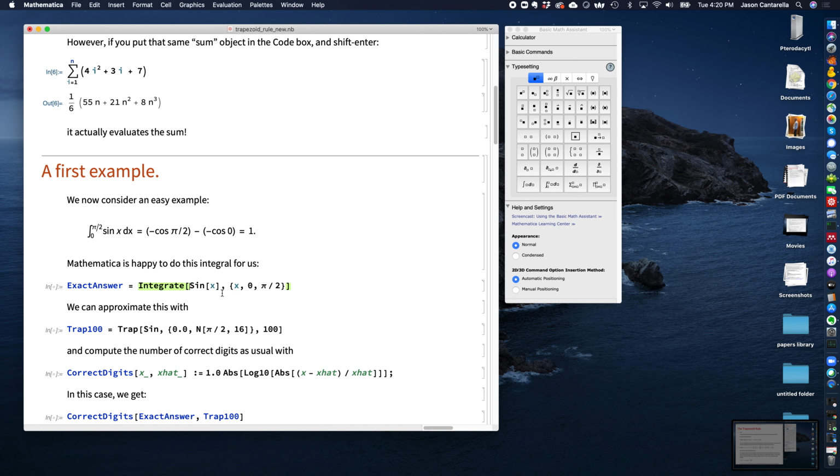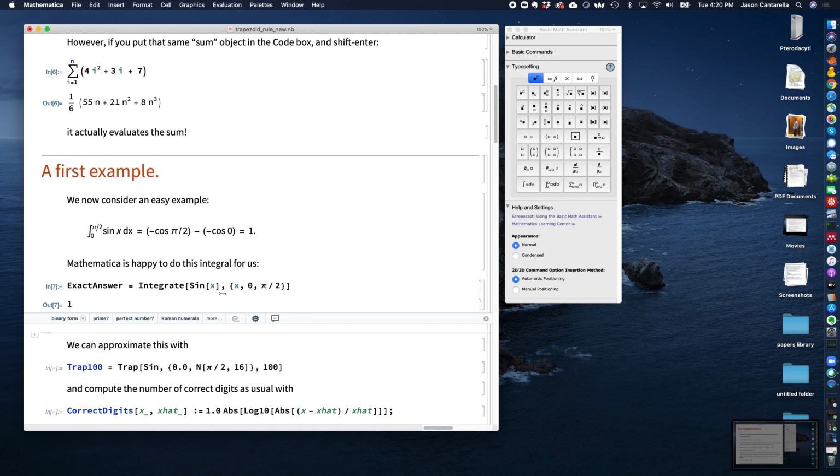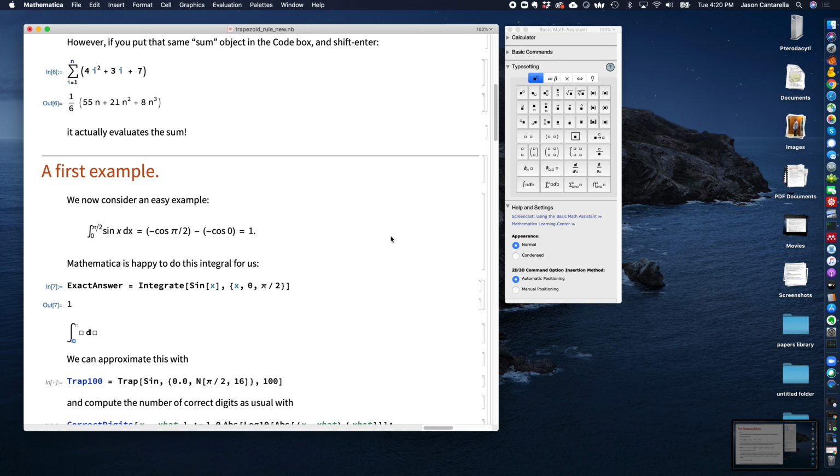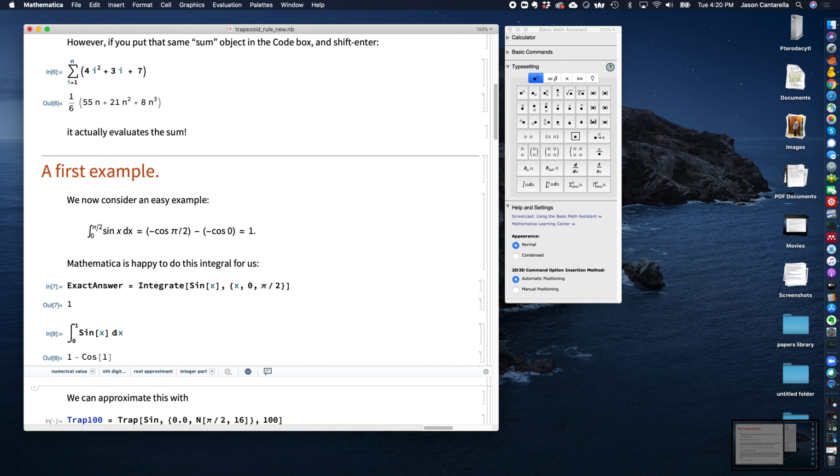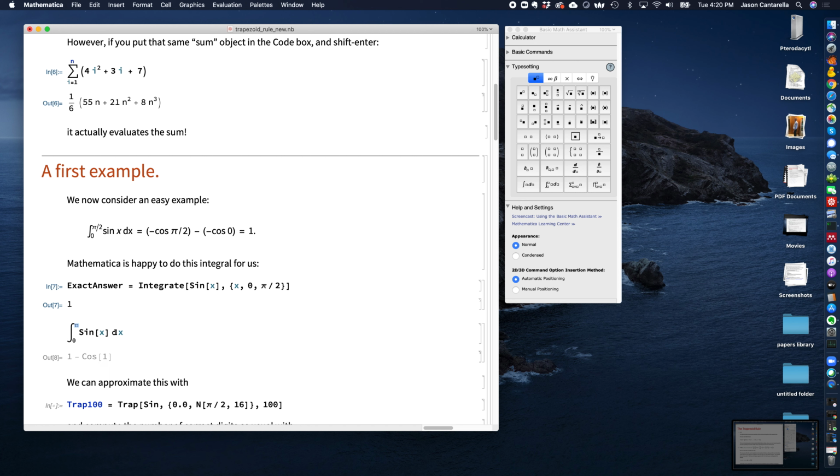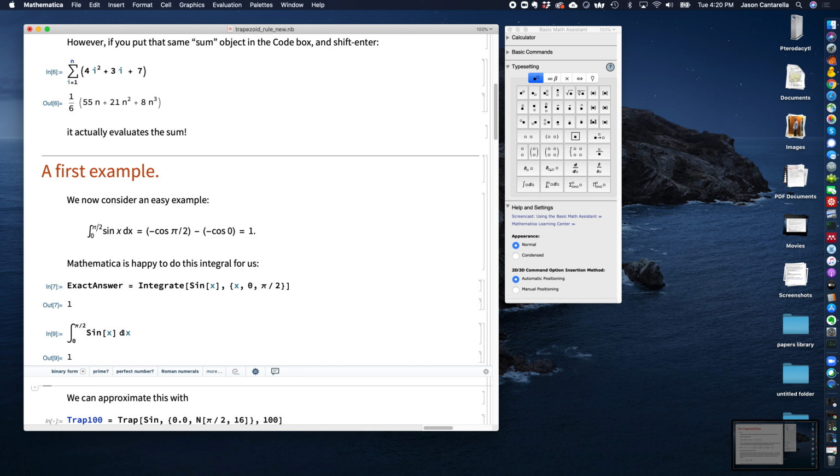We can write this using the Integrate function, and we can also click on the definite integral and type integral from 0 to 1 of sine x, tab, dx. Of course, it would help if I put in the right integral: 0 to pi over 2 of sine of x dx, and I get 1.